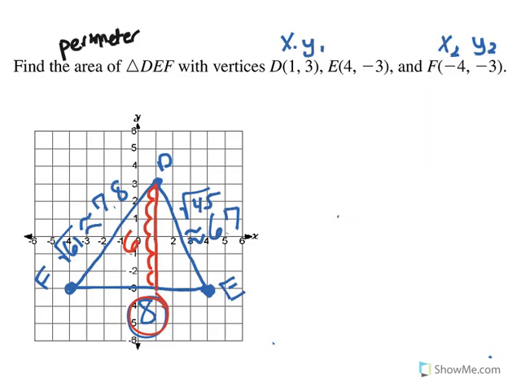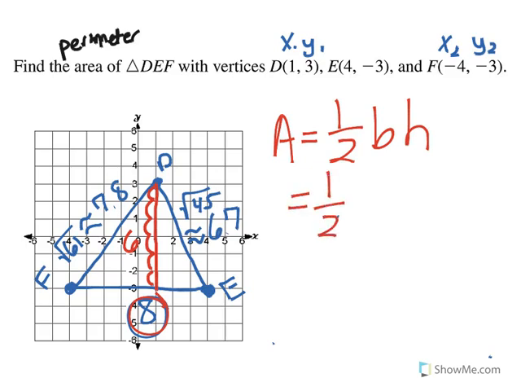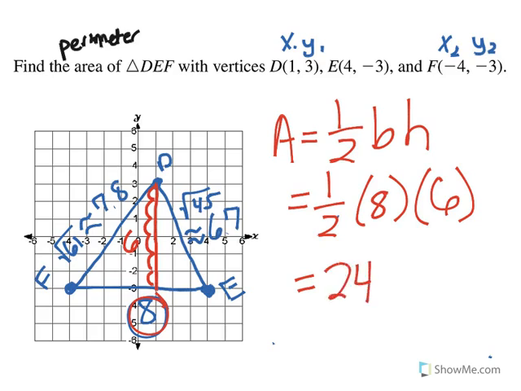For a triangle, area is equal to 1/2 base times height. My base in this case is going to be my 8, and my height is that 6 that I just counted. When I solve this, I'm going to get 24. So my area would be 24.